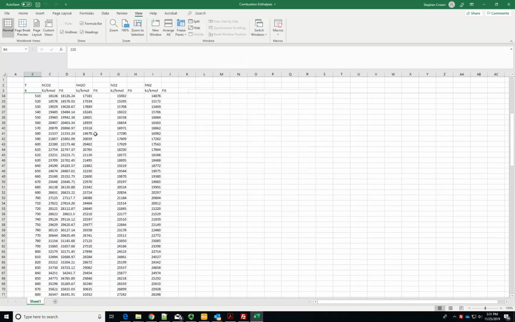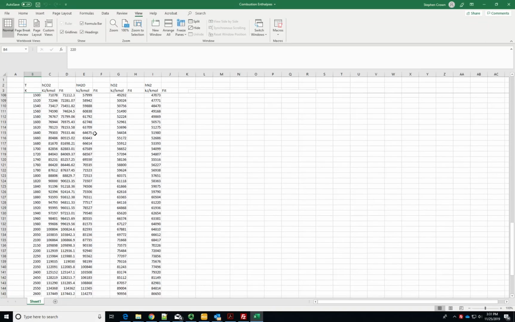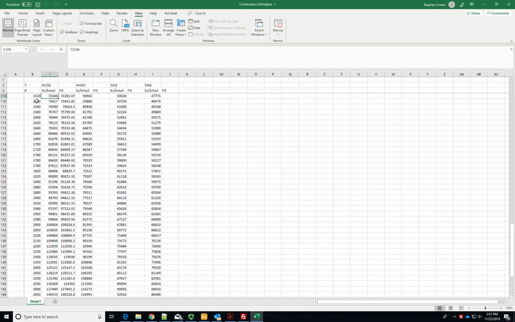So when I scroll down, I can see what column I'm looking at, and at 1500 degrees I have 72,246. Sorry, it's 71,078. So that equals 71,078.